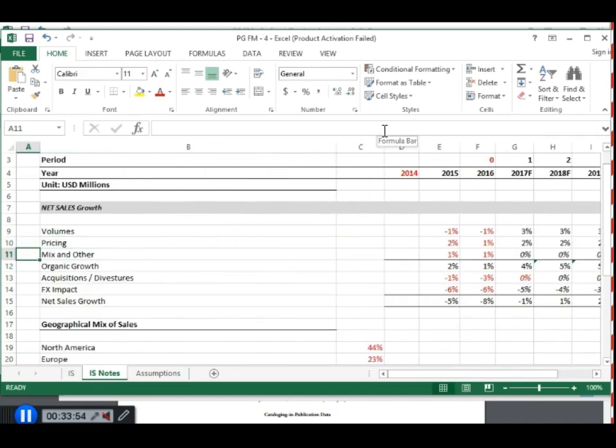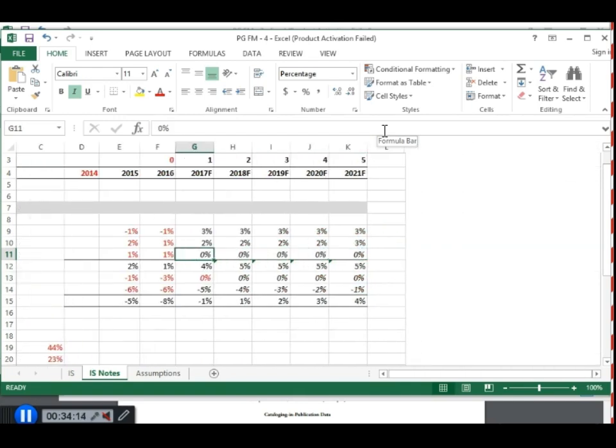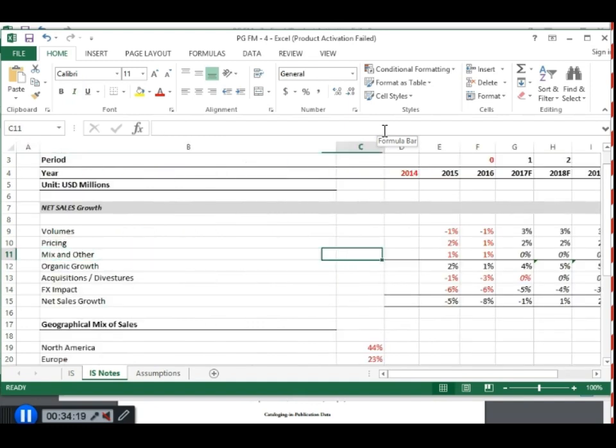Any problem? For mix, if you think that the company has some plans, and the company has shown some plans of changing mix to drive growth, then you can have something here, maybe a positive number. But otherwise, if you think that nothing will change and the company will focus on the same products with the same proportion, then you can keep it as 0. 1% states that 1% of growth came from change in mix.